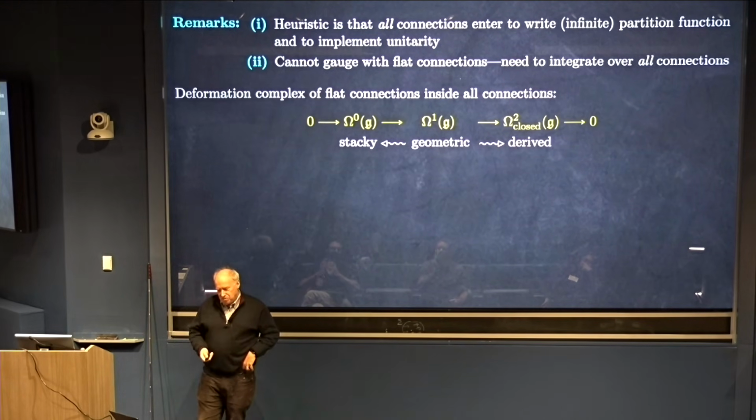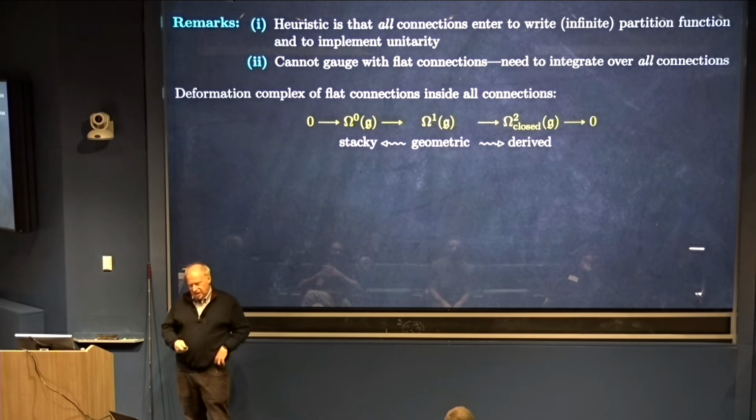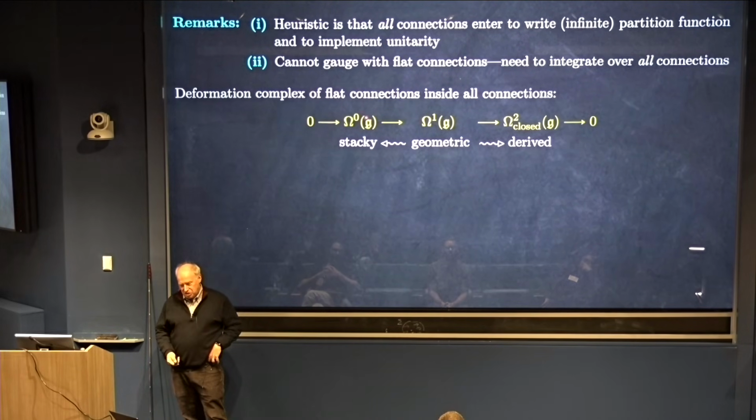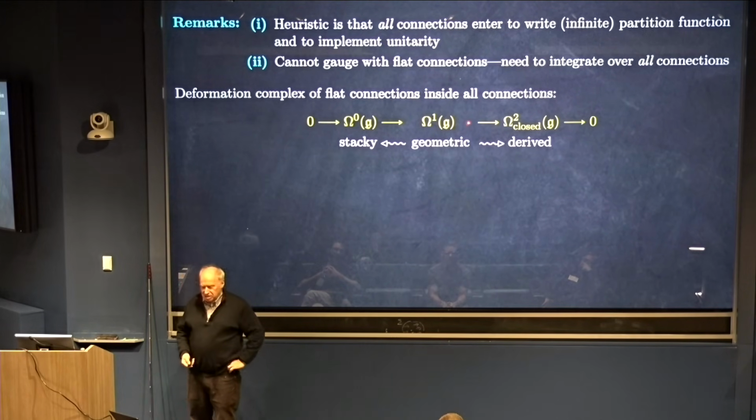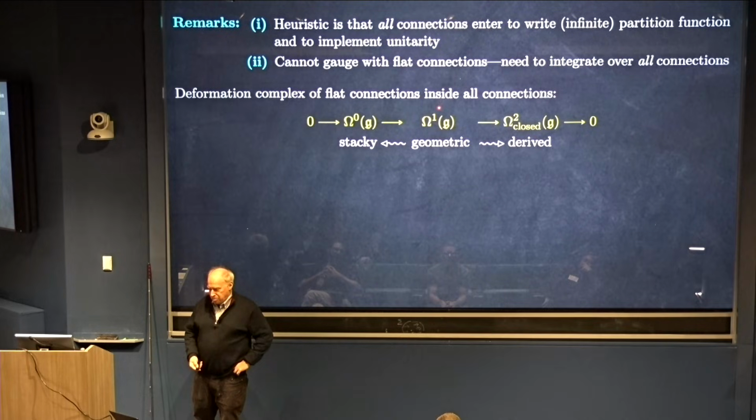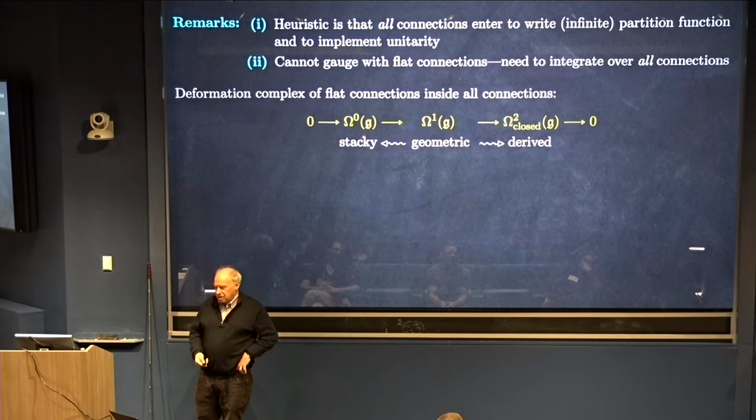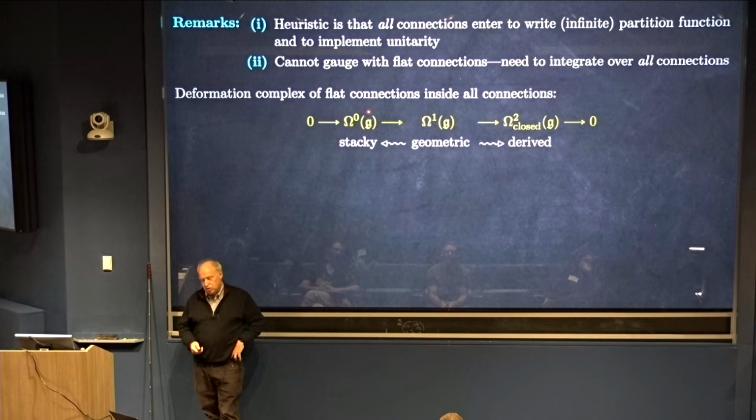So here's, if we're standing at a flat connection inside some moduli space of flat connections, this is the deformation complex. So the tangent to A, a deformation of A, is a one form with values in the adjoint bundle, and that's kind of the geometric deformations. But we have the gauge transformations, which infinitesimally is given by sections of the adjoint bundle.